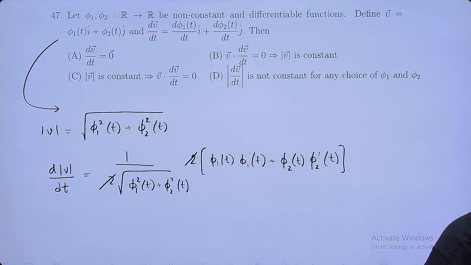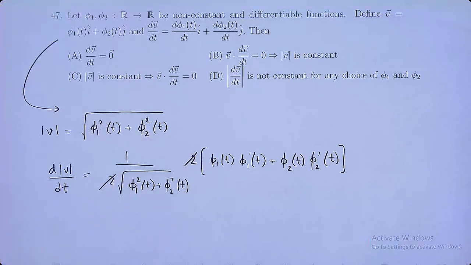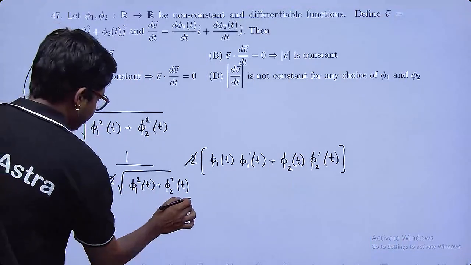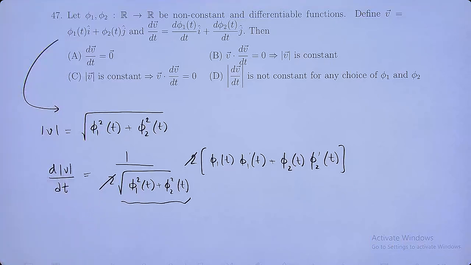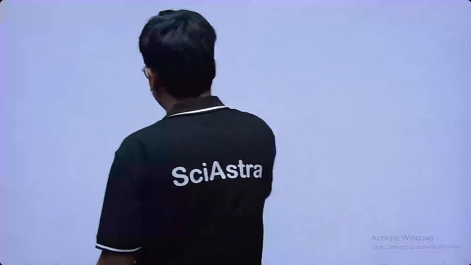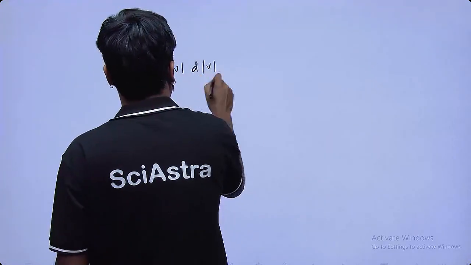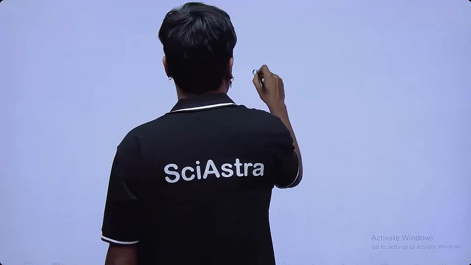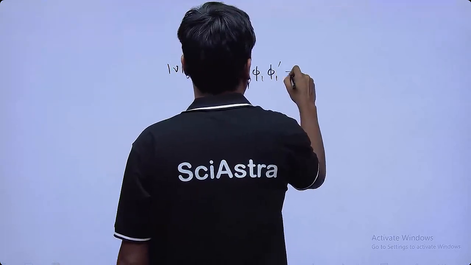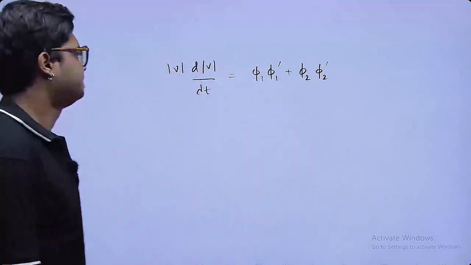Okay. All right. And what is this quantity? It's nothing but the magnitude of the velocity vector. Yes or no? So from here, I can say that this is what we are getting.